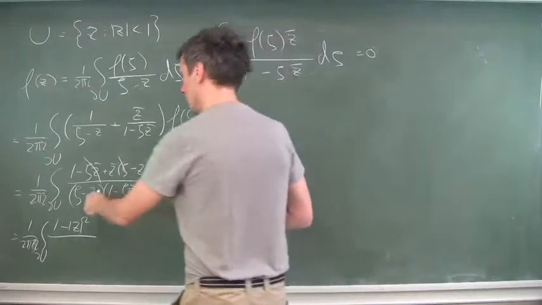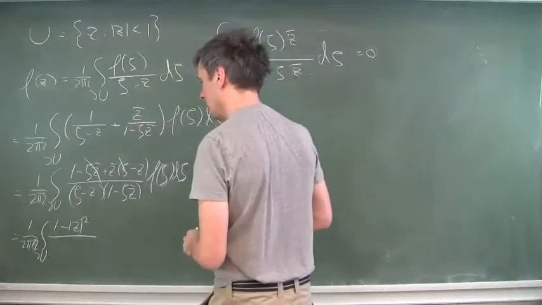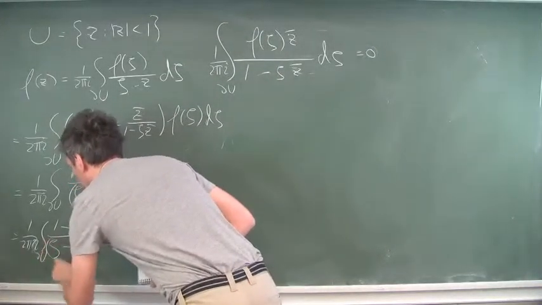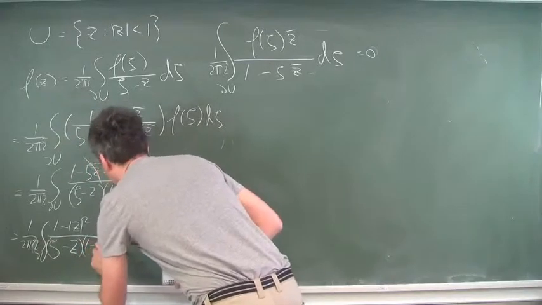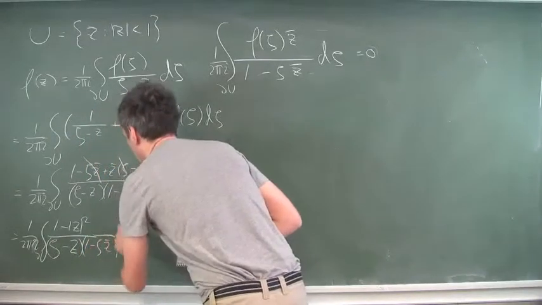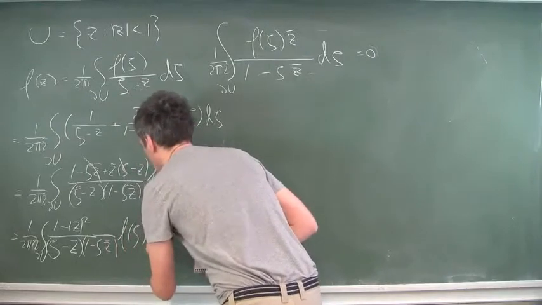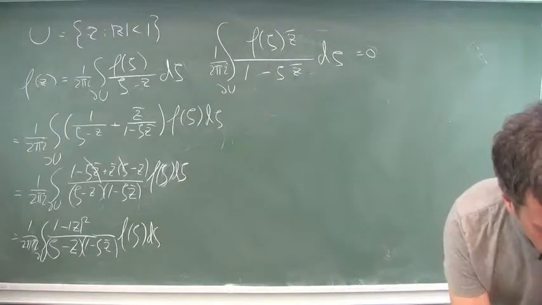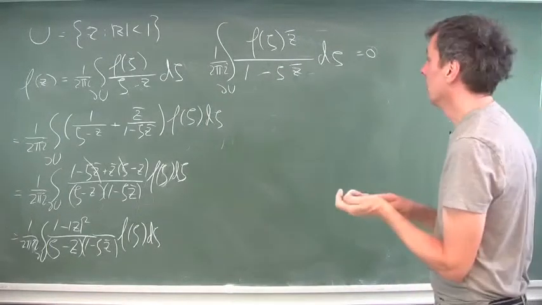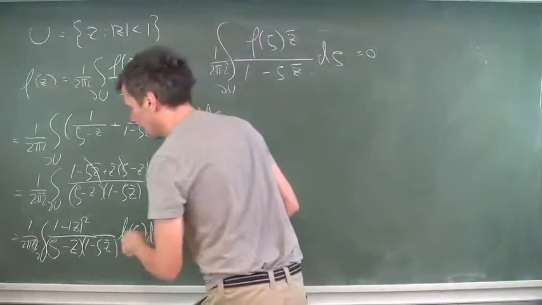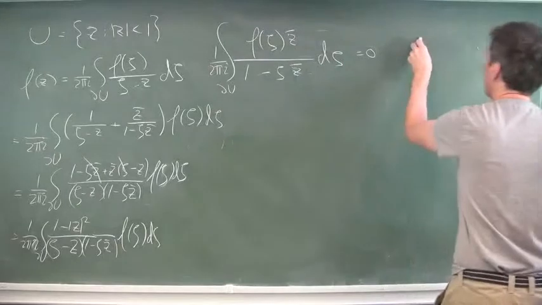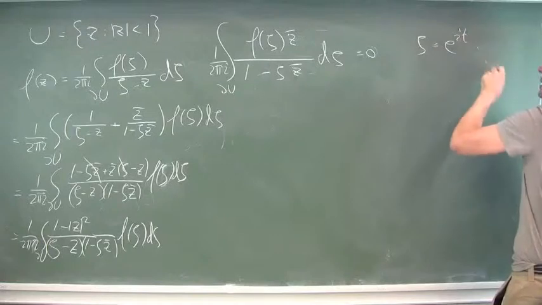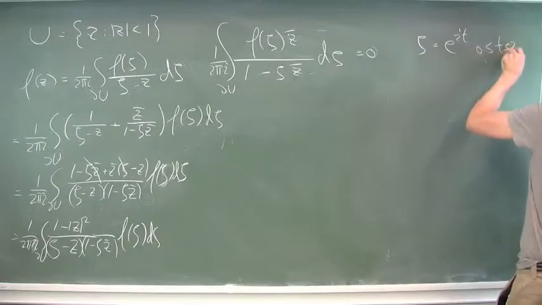Well, just leave the denominator like this for the moment. In order to rewrite this in a better form, we now have to parameterize the unit circle, which we do as usual by putting zeta equal to e to the i t.